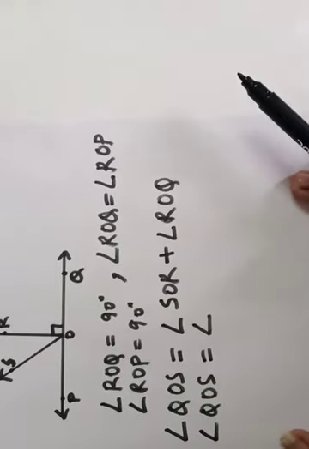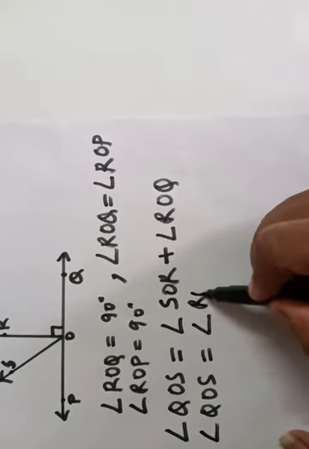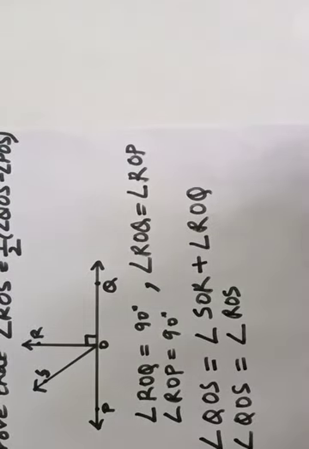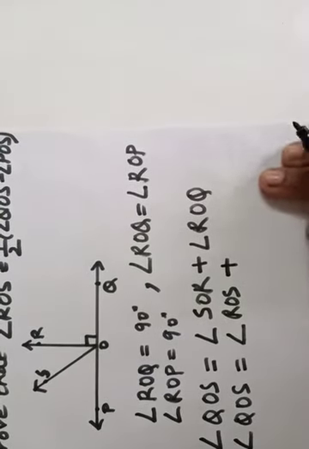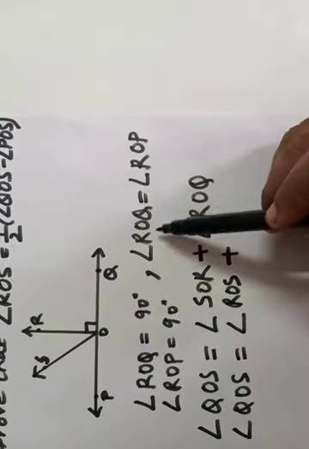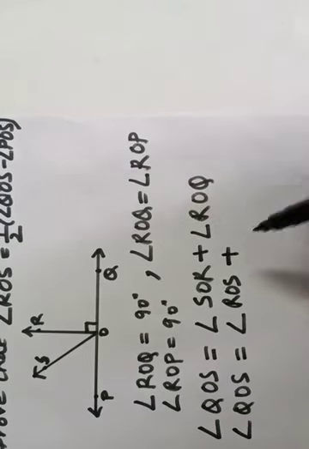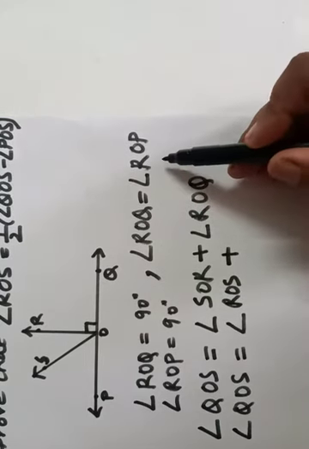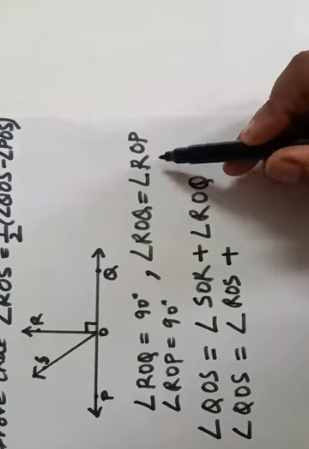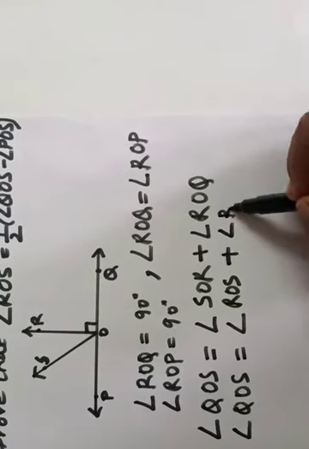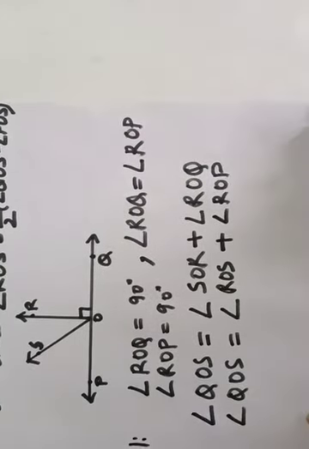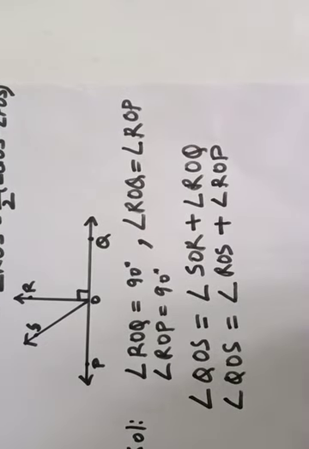So I am writing here ROS plus angle ROQ, and angle ROQ is equal to angle ROP. So instead of angle ROQ, I am writing angle ROP.